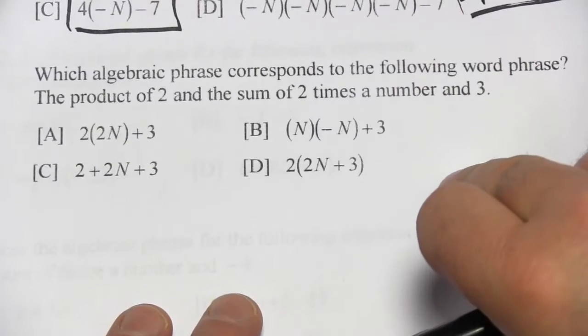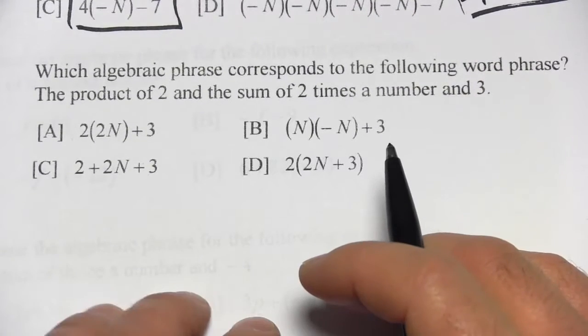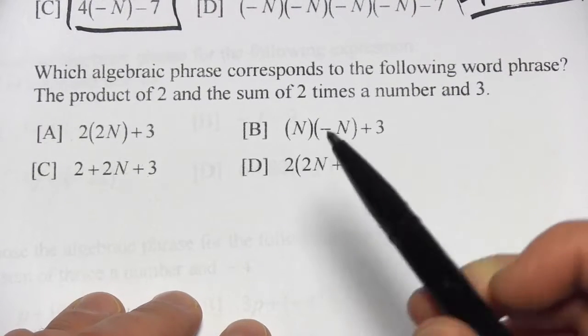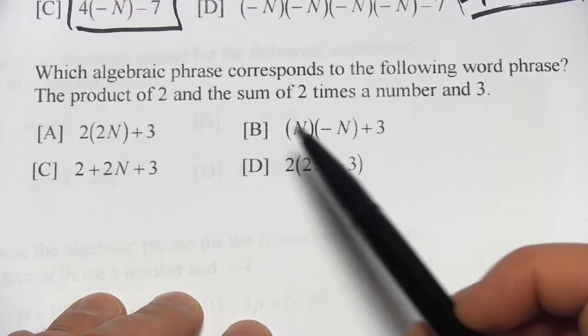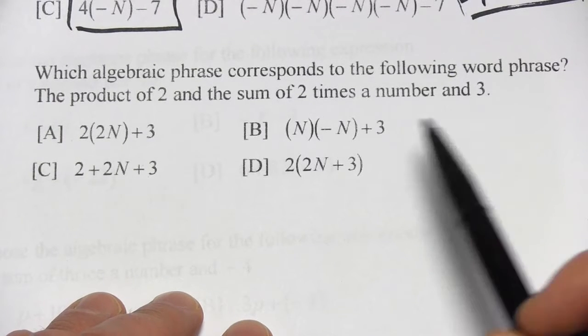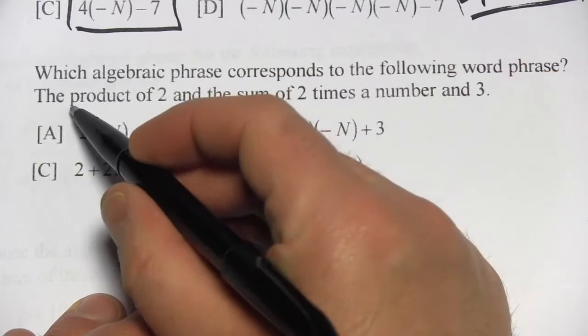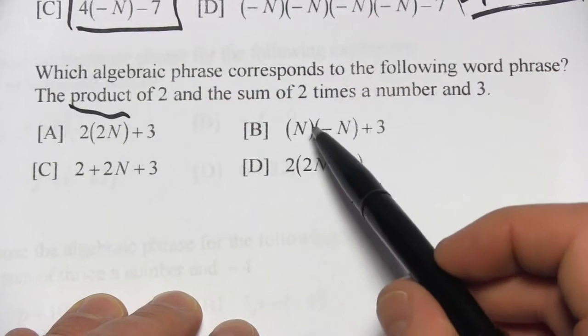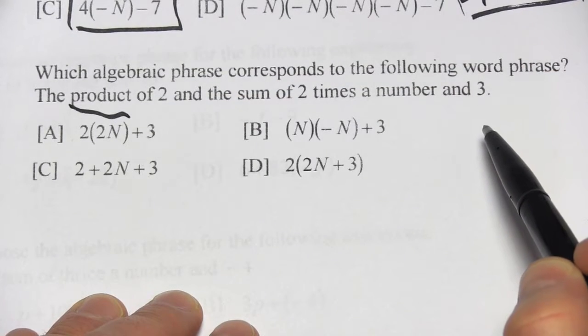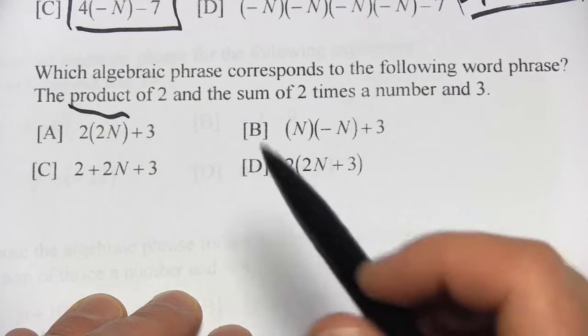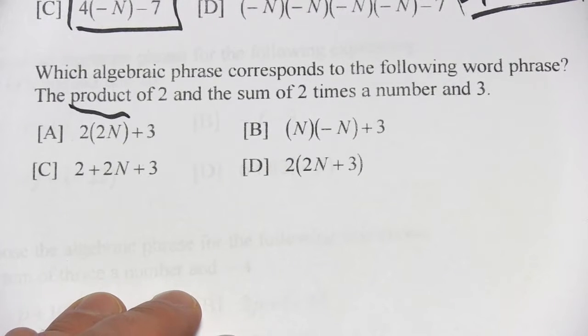And remember, if you're getting confused, this takes practice. So hang in there. This one says, which algebraic phrase corresponds to the following word phrase, the product of 2 and the sum of 2 times a number and 3. Let's take this a piece at a time. It says a product. So a product is multiplication.